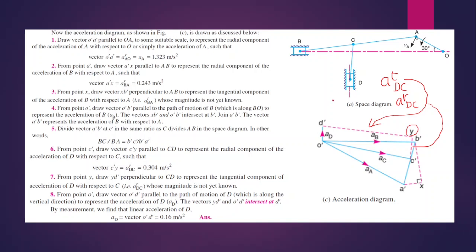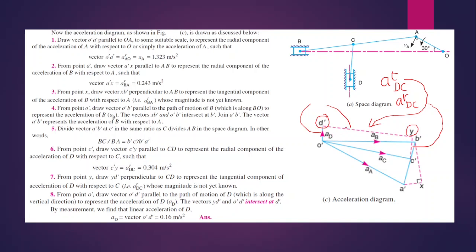Then we can draw the line of action of acceleration of d by a particular line which is passing through o, which is vertical. Then the intersecting point of this particular line and this line will give d dash. Then we can measure this o dash d dash, and that will become acceleration of d.